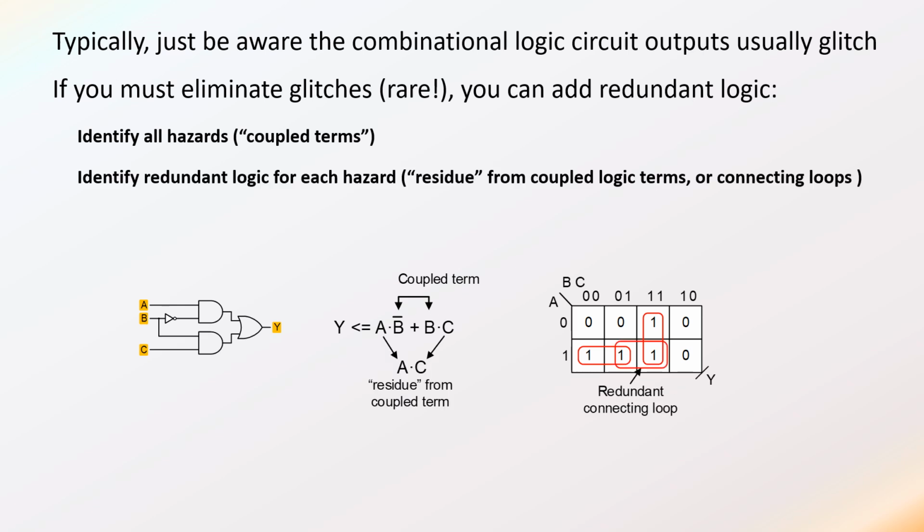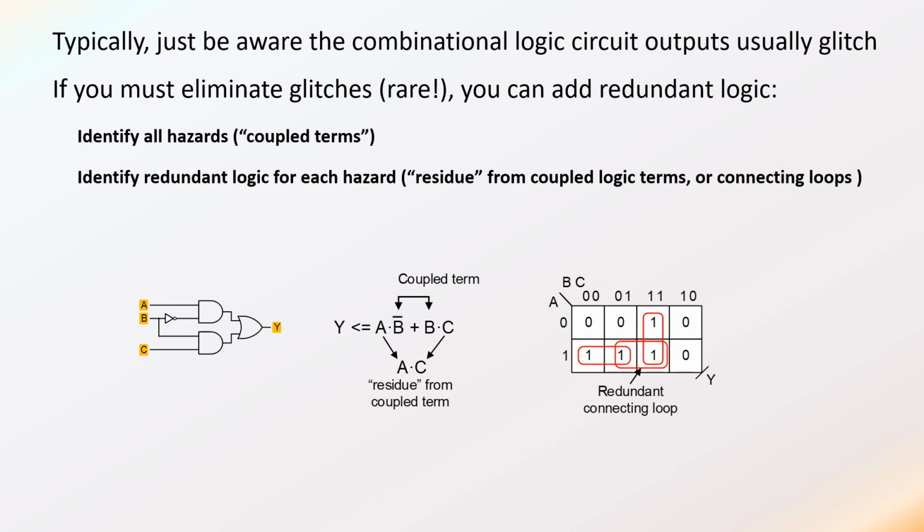Then we want to identify redundant logic that we can add to the circuit for each hazard. You can do this either in the logic equation view or in the K-map view. In the logic equation view, I've taken the terms A and B bar, or B and C, and factored out, mentally, or I could do it on paper, the coupled term, which is B bar and B. The leftover signals, A and C, form the residue once I remove the coupled term.